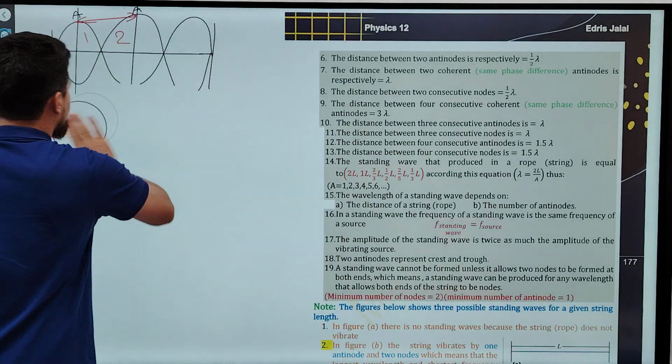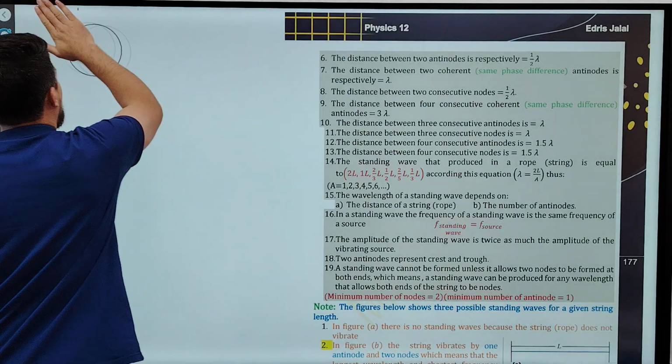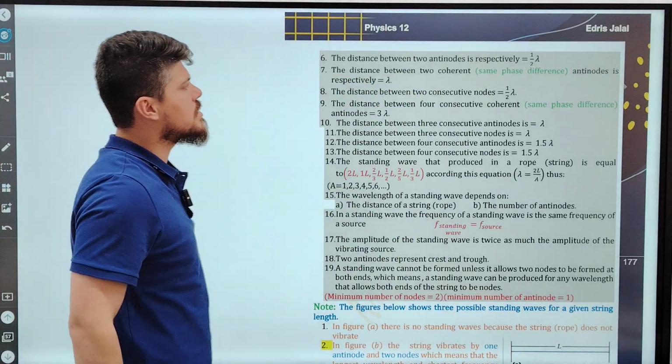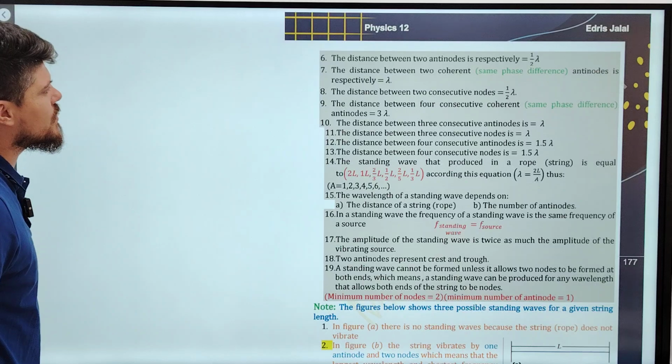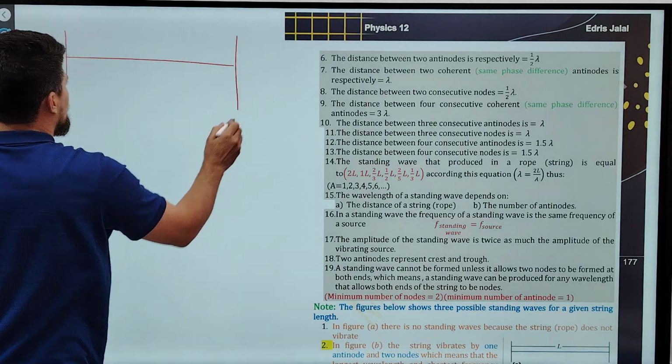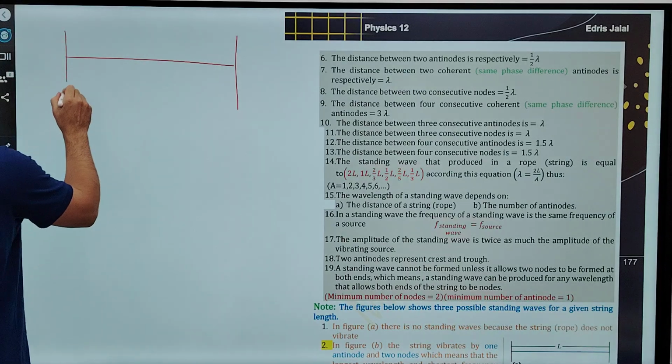Node number 7, now I'm going to explain one by one in detail, okay? Listen carefully, please. The distance between two coherent or same phase difference antinodes respectively is equal to 1 wavelength. So this is completely different from the previous situation, okay? Be careful.